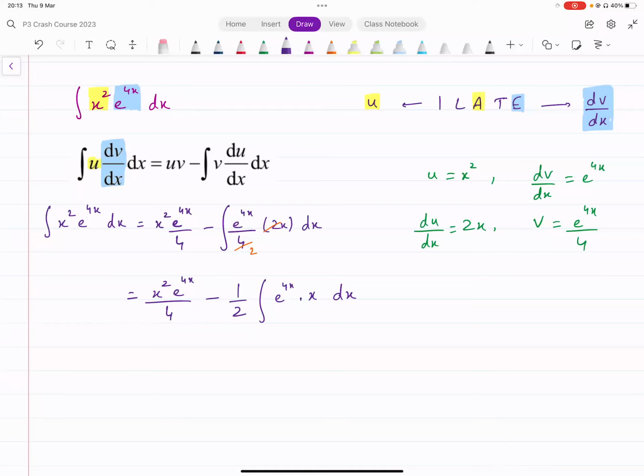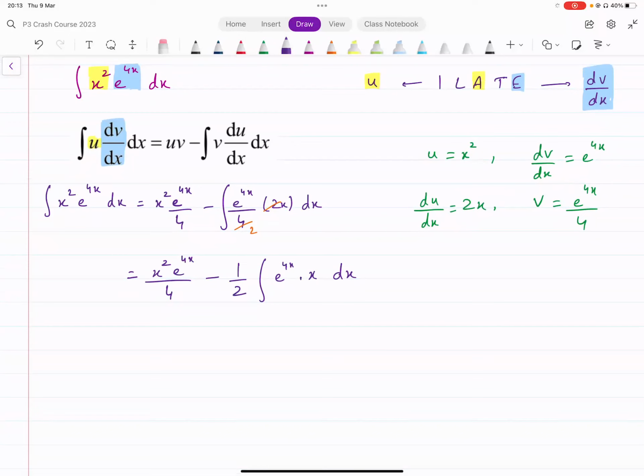Now again, we have 2 expressions. One of them is algebraic, the other is exponential. So we use the same idea. The algebraic one should be taken as u, and the exponential one should be taken as dv over dx. Let's write that down on the side here again.